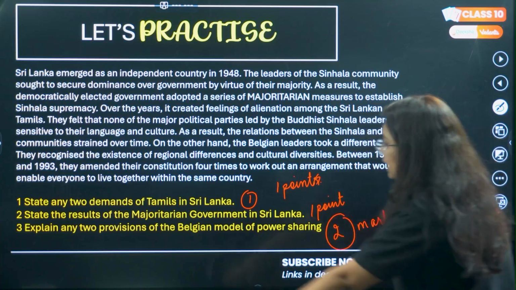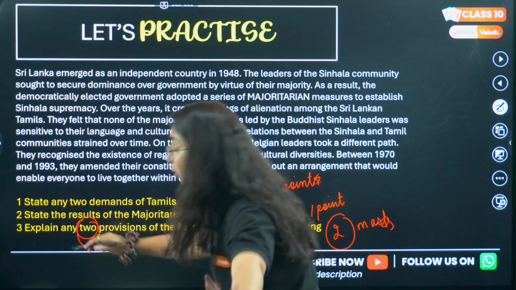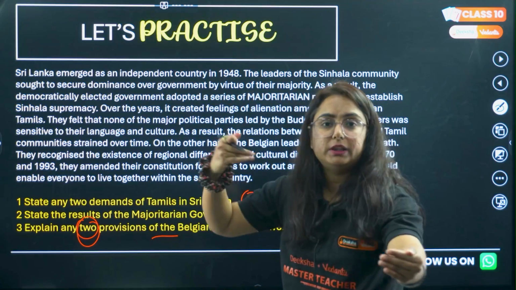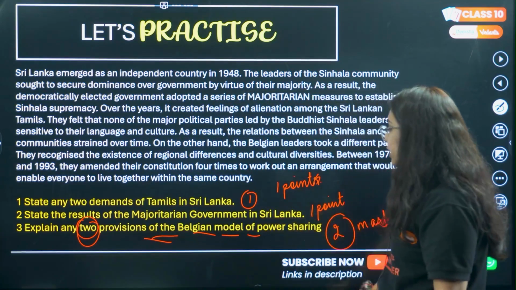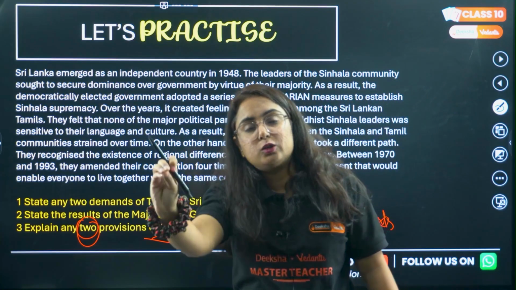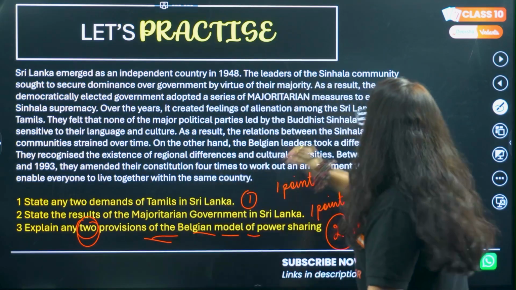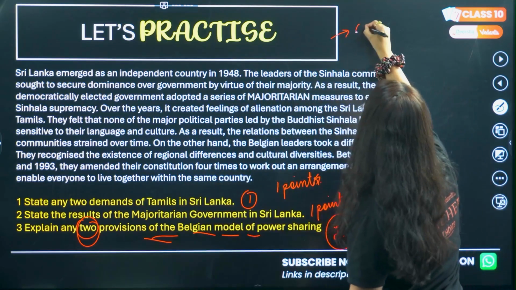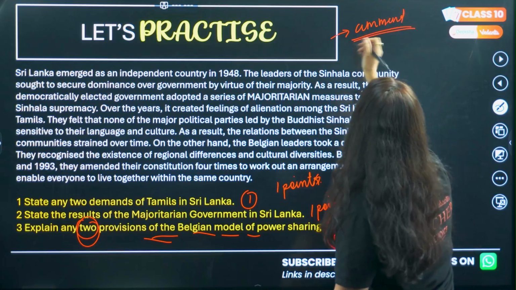Read the question, and the question says explain any 2 provisions. They have mentioned here only 2. Don't write everything you know. Okay, explain any 2 provisions of the Belgian model of power sharing. Now in this extract there is nothing related to Belgium. Why do you need to read this case-based extract? Rather, you need to say that they have amended their constitution.